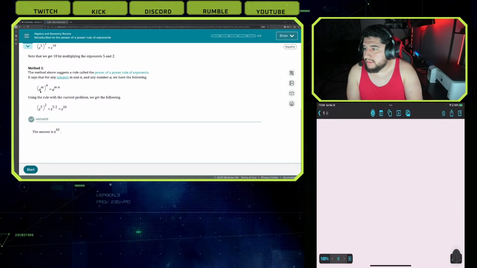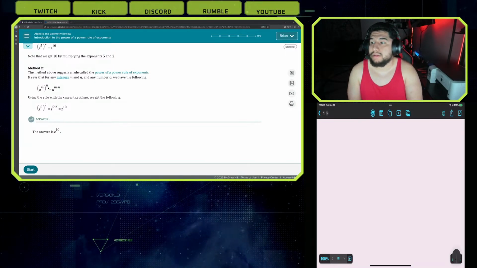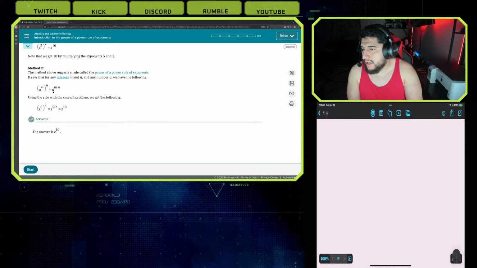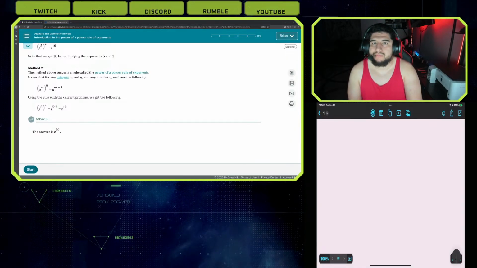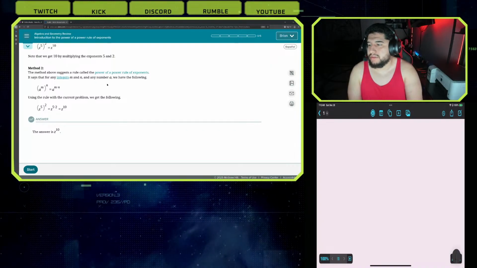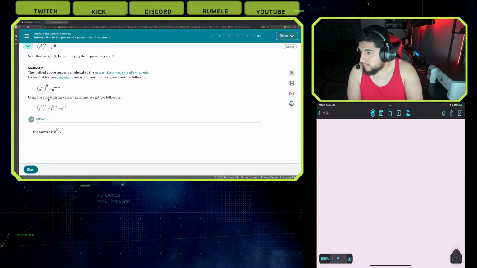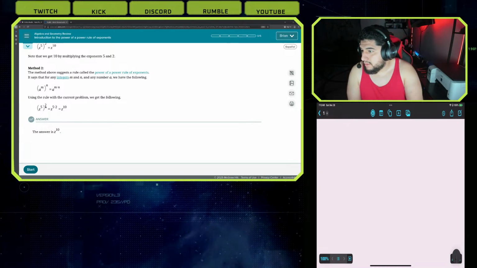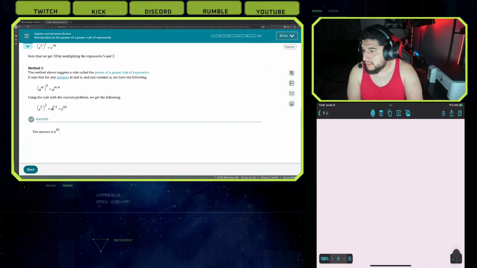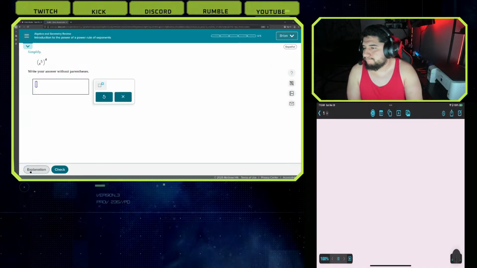And then in parentheses, the exponent on the outside of the parentheses is n. It's the same as a to the m times n. So it's just another formula. Using the rule with the current problem, we get the following. z to the fifth, all that to the second power equals z to the 5 times 2, which equals z to the 10th. Okay, you guys get it.